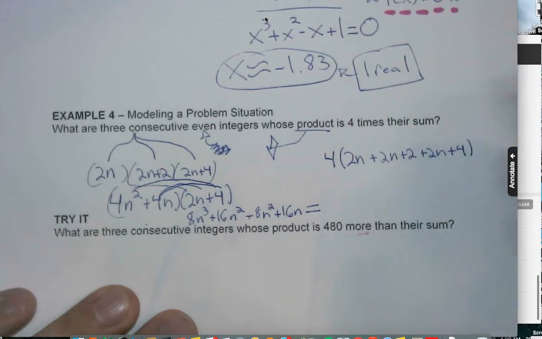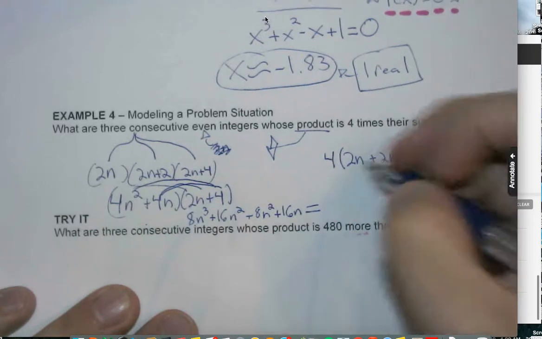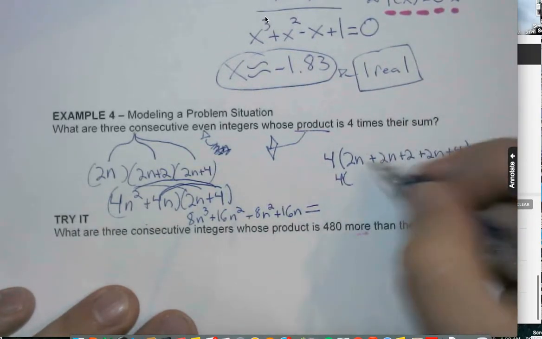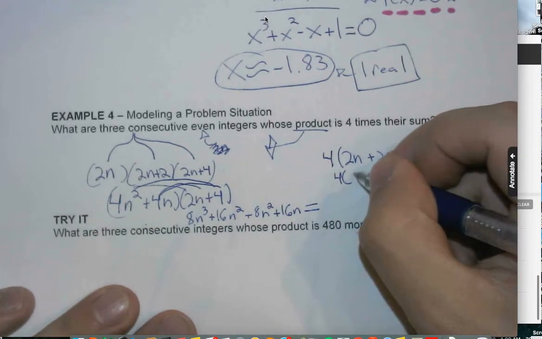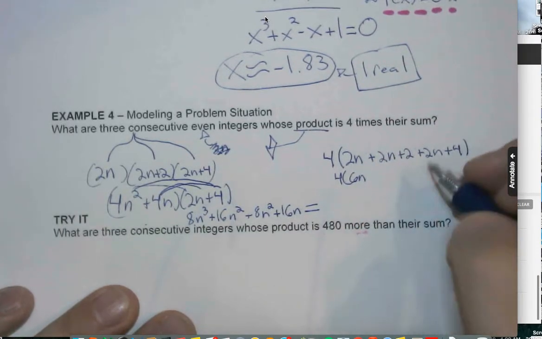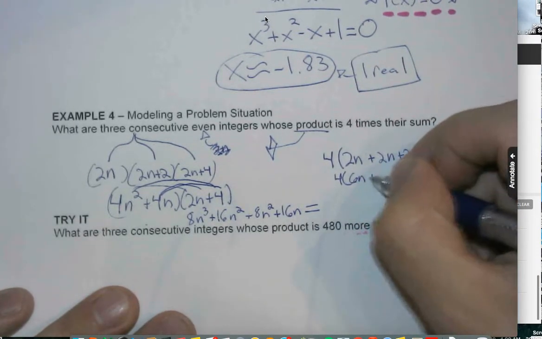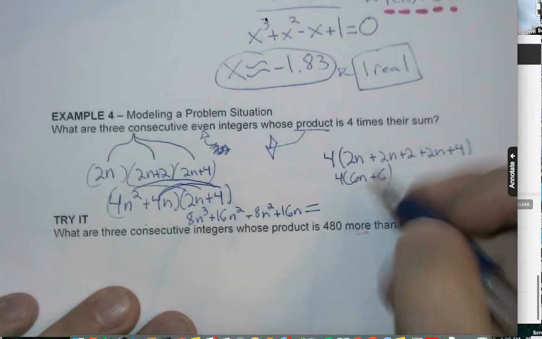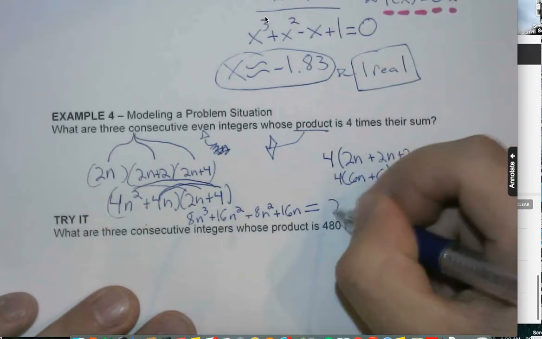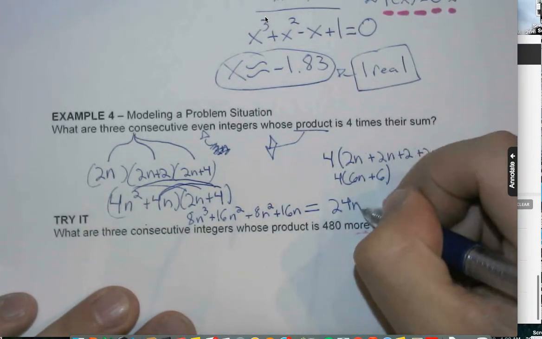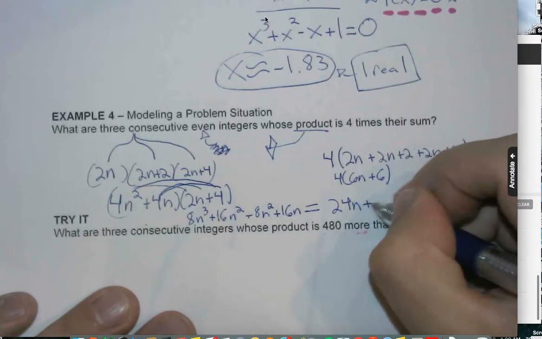A little hectic, but just combine like terms. So this is going to be 4 times 2n, 2n, 2n times 6n. You have that 6 also. So eventually this equals 24n plus 24.